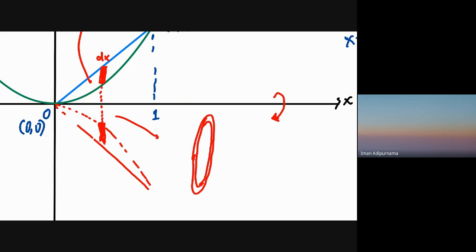So inside here there is a hole, right? A hole.